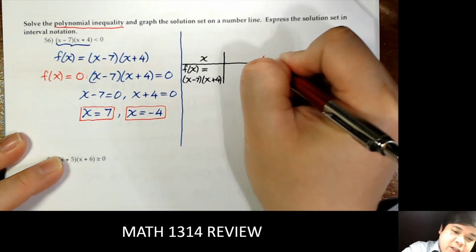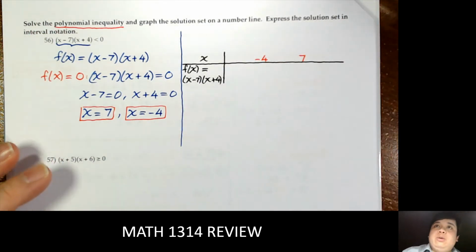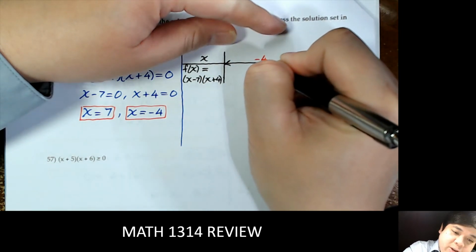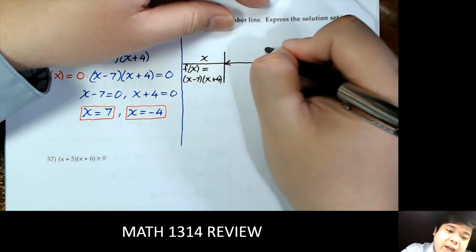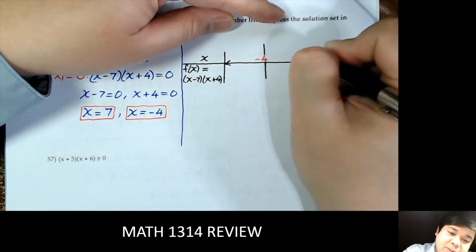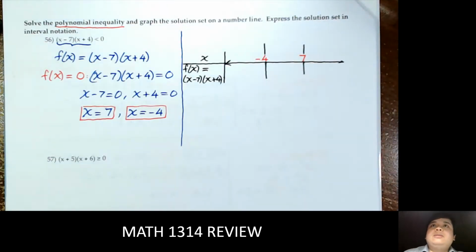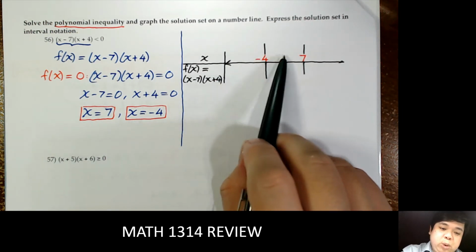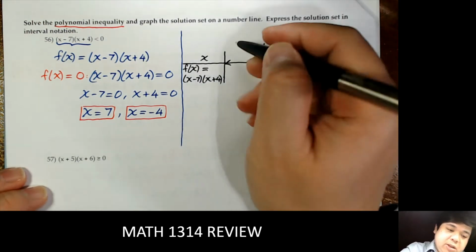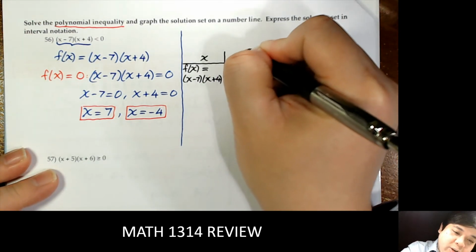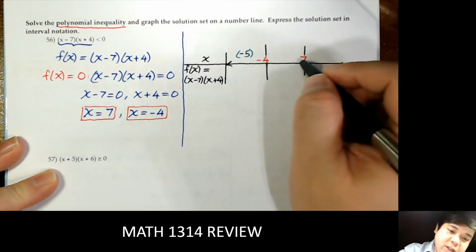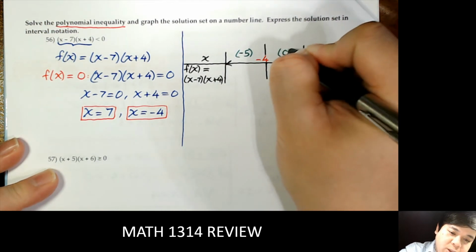I put them in increasing order because it is not just a line, it is the number line. And we have negative 4, and we have 7, and those numbers divide the number line. Next we'll choose the test points, in between the numbers. So I will choose negative 5 here, and let's put it in parentheses to distinguish it from the numbers here. I should choose 0 and I choose 8.